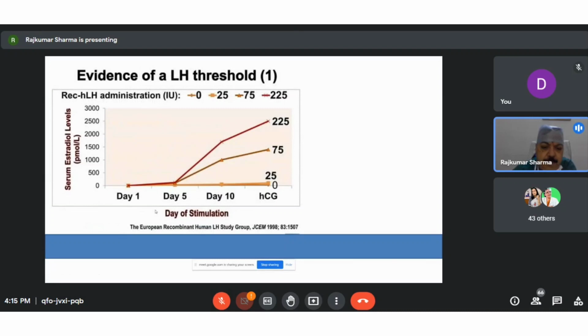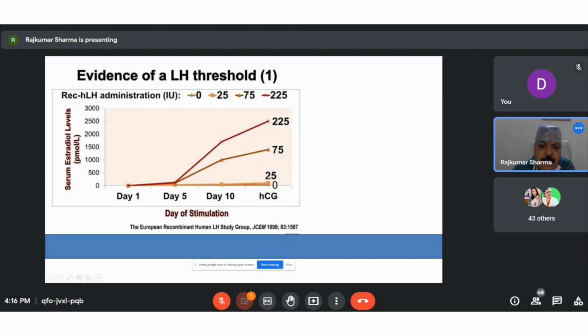But the European recombinant human LH study group studied what happens when we try to add LH to these patients in different doses. That means first no LH, second 25 IU, 75 IU or 225 IU. What they found is that with 75 IU and 225 IU, there is an optimal growth of estradiol levels in these patients.